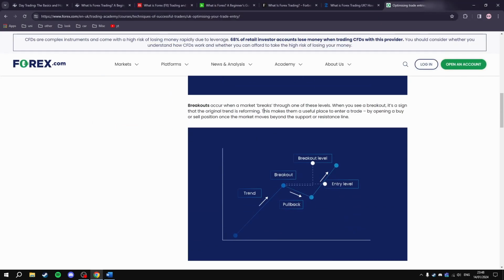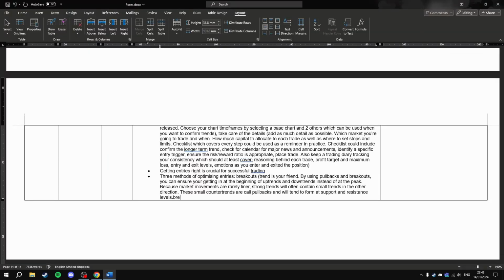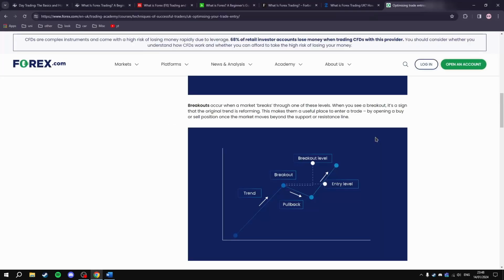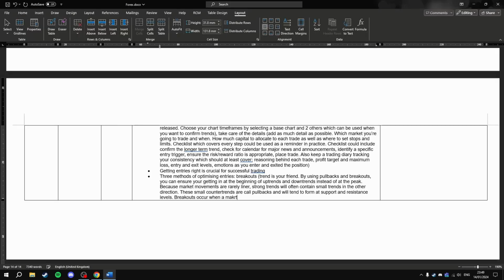Breakouts occur when a market breaks through one of these levels.